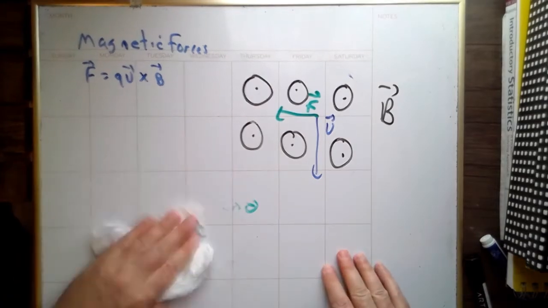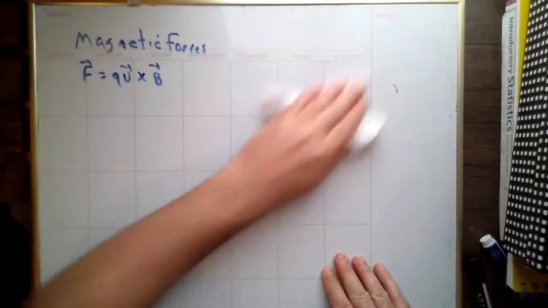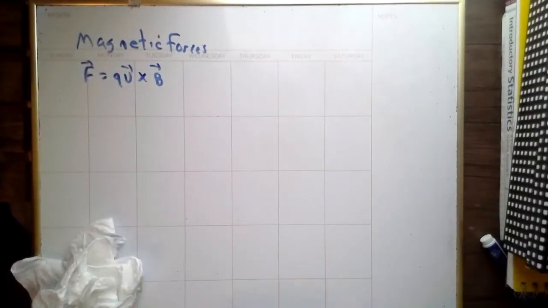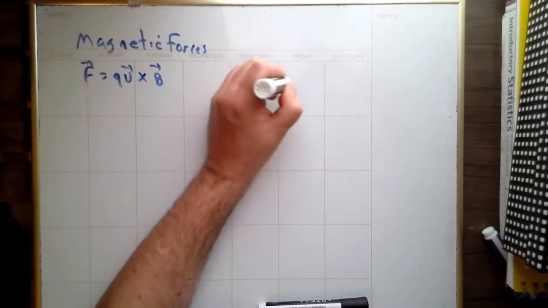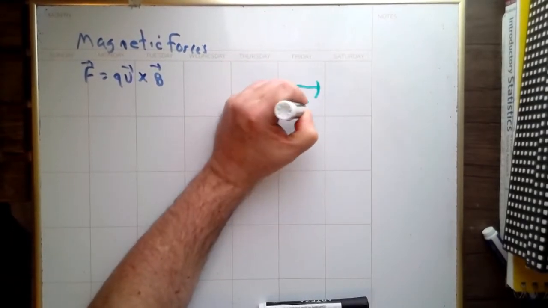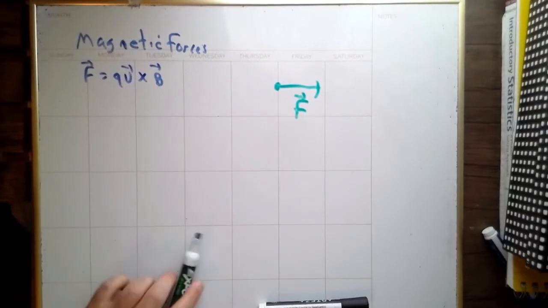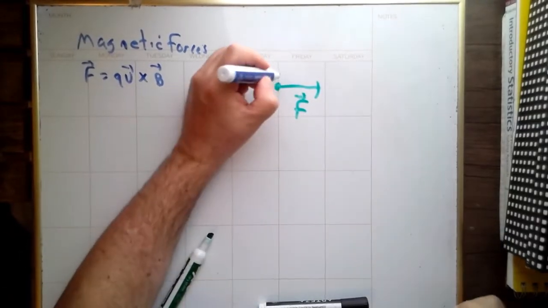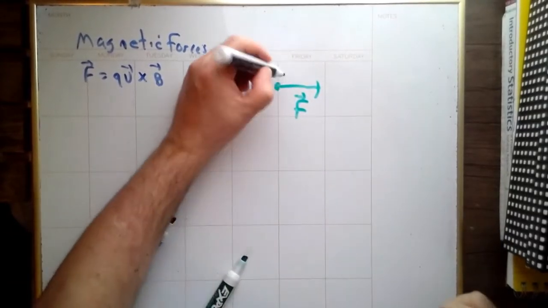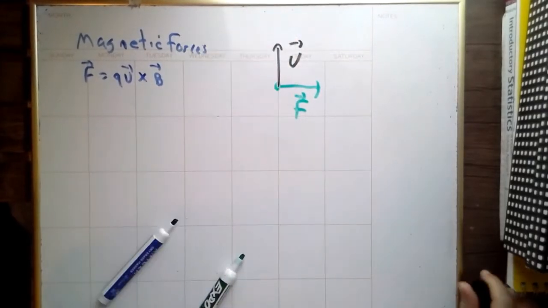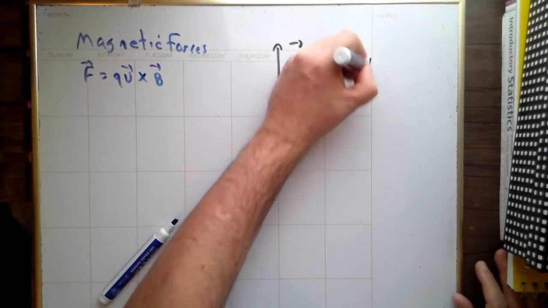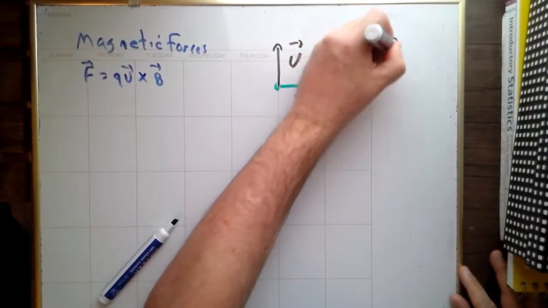Okay, let's do another one. Let's say this time we know F and V, and we're looking for B. So let's say our force is this way, and V, try to be consistent here, was up. Which way was the magnetic field pointing?